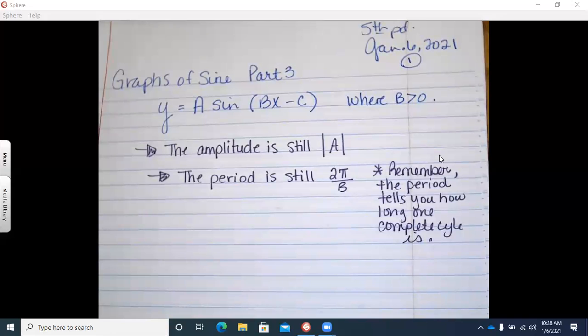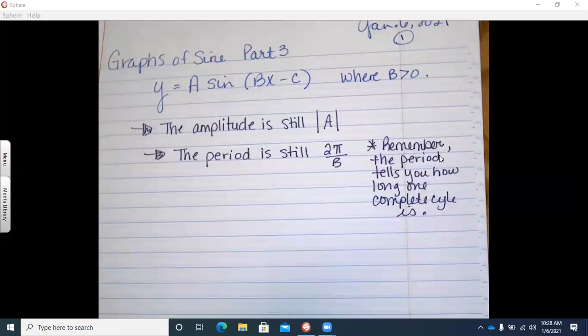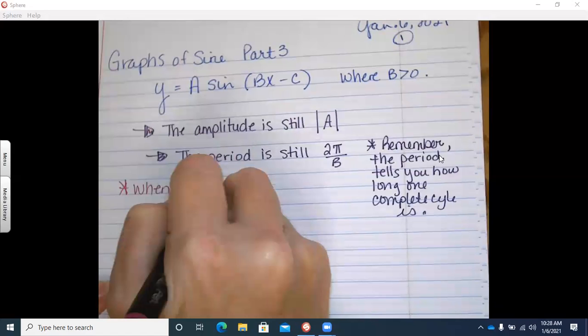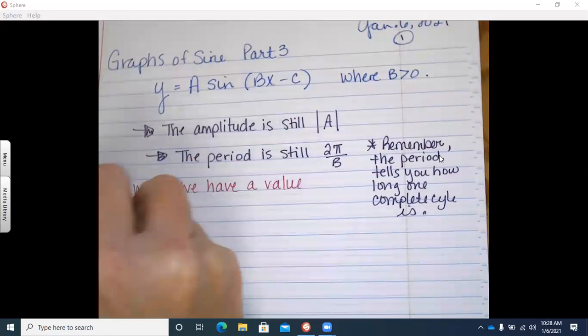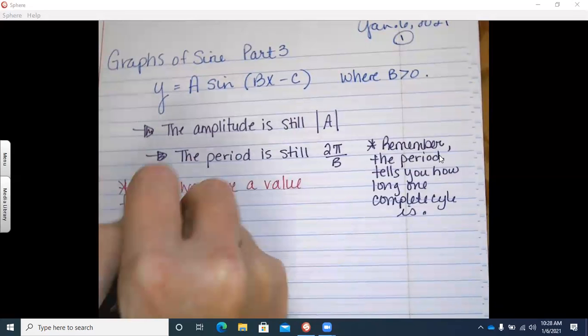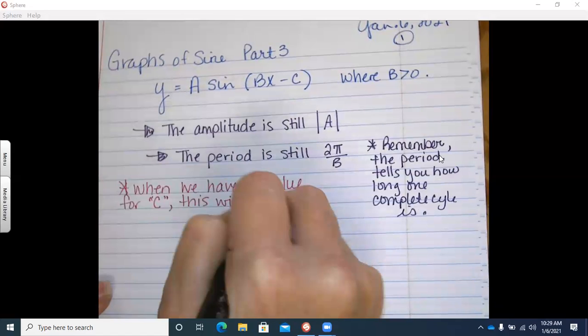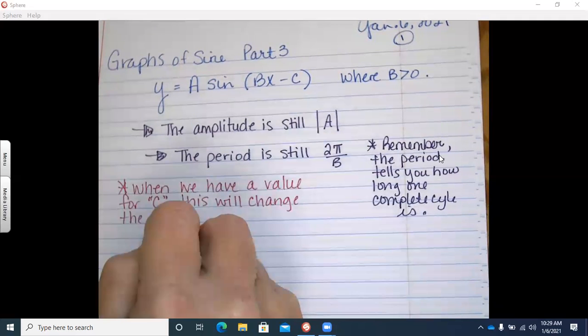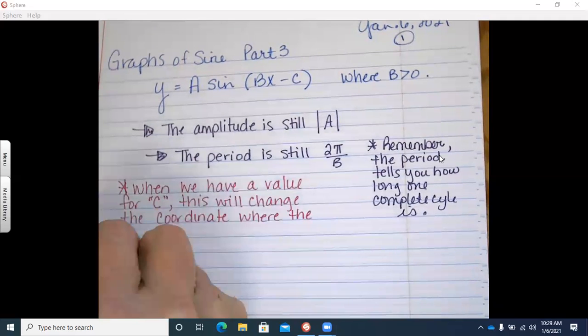So when we have a value for c, this will change the coordinate where the cycle will begin and end.